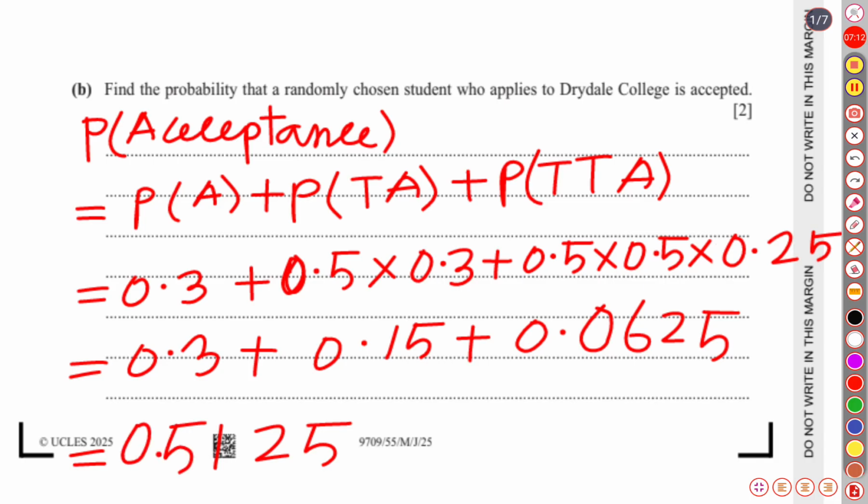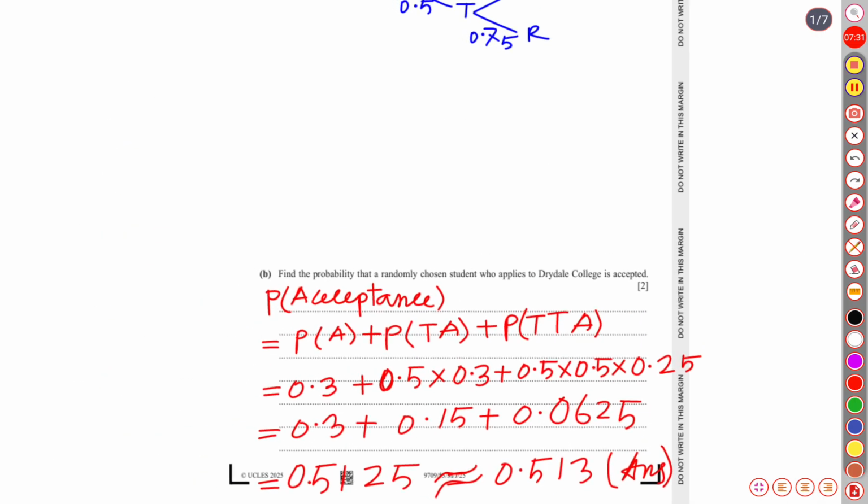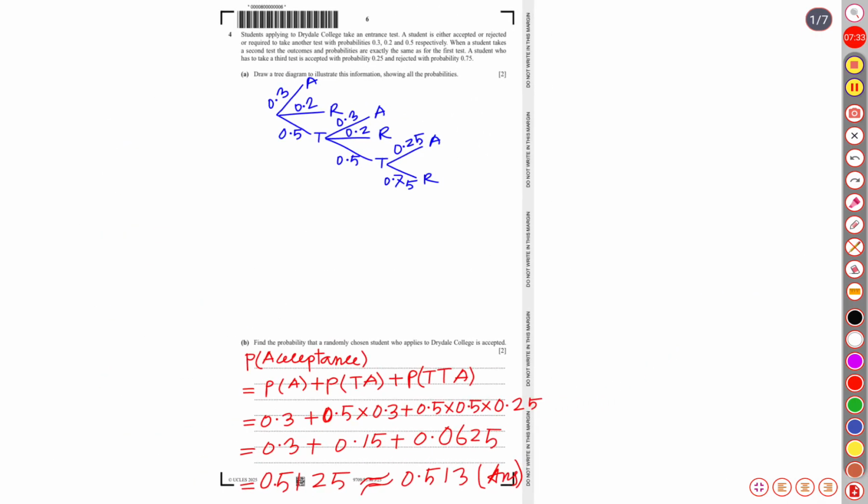Before that there is the decimal point. So if we round it to three significant figures, it is going to be 0.513. Okay, this is the probability for the second question. So that's all about the solution to both of the first two parts. Let's move on to part C.